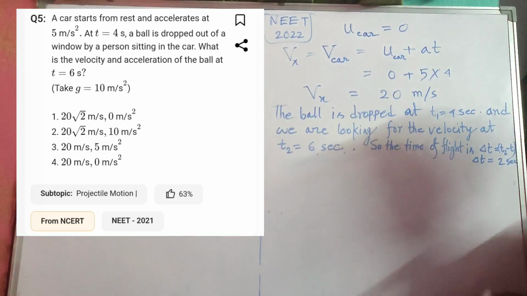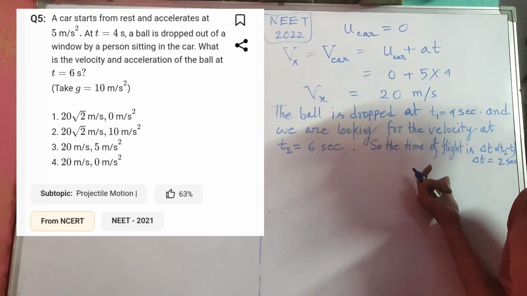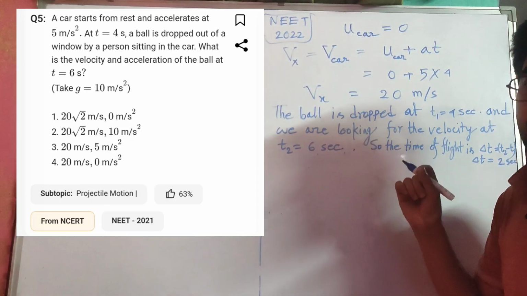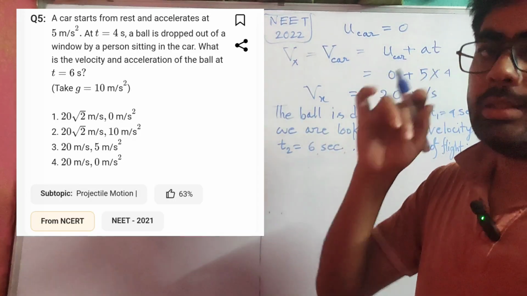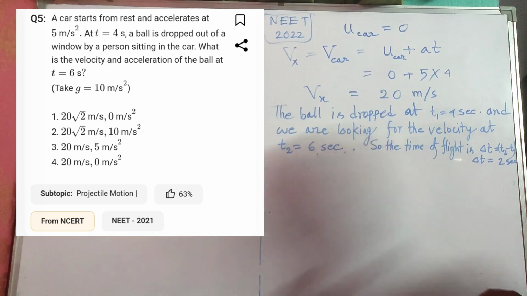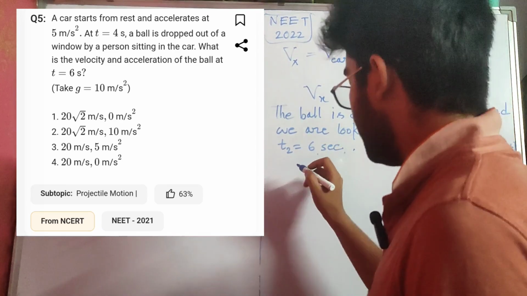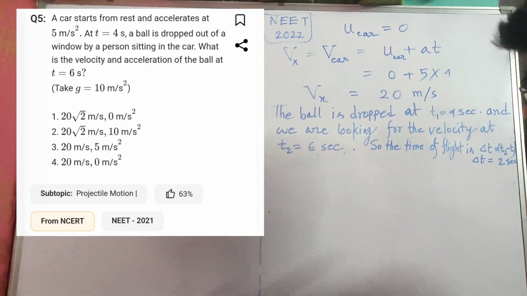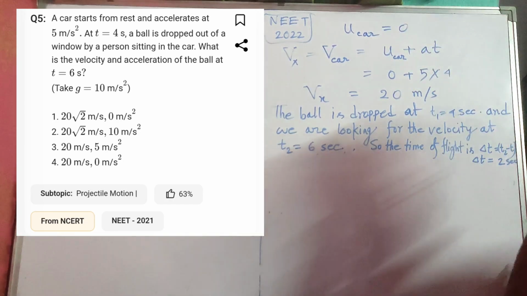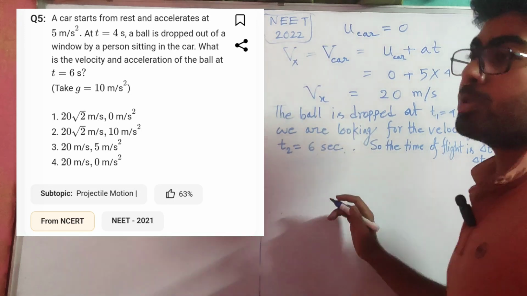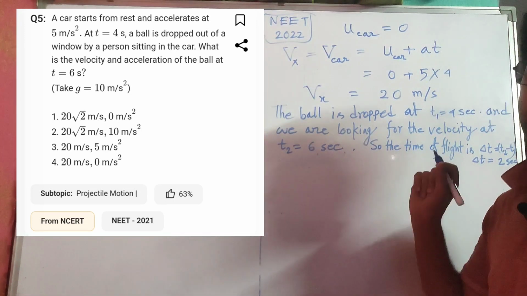This is the time of flight of the ball when the person throws the ball from the car. The velocity of the ball at 6 seconds: 2 seconds is the time of flight, that means this is the projectile motion of the ball.